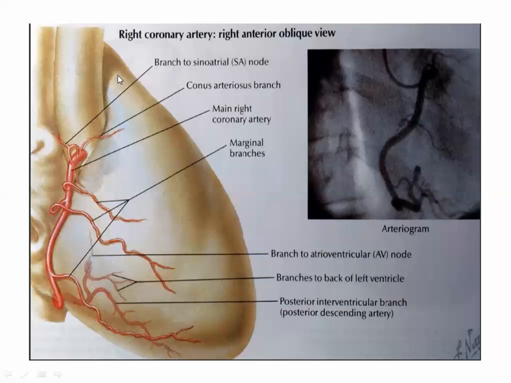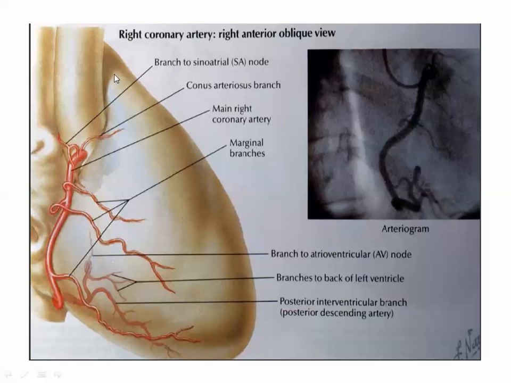So this is the anterior wall, this is the inferior wall, and this is, as we said before, the atrioventricular groove. So here will be the LCX, the RCA, and the continuation on the other side will be the LCX from the back. So this is the conus branch.